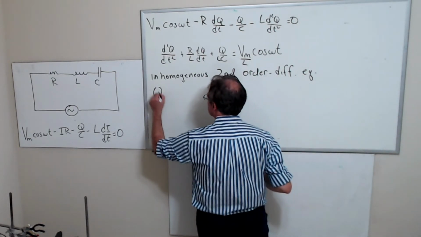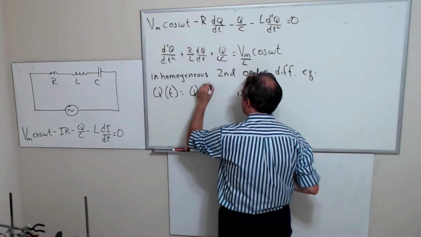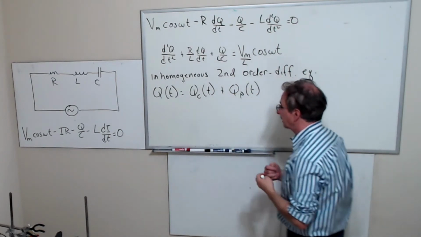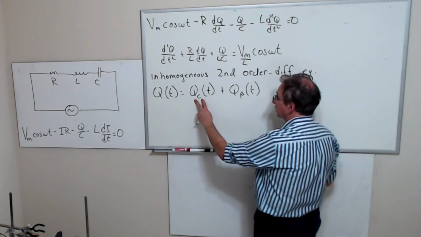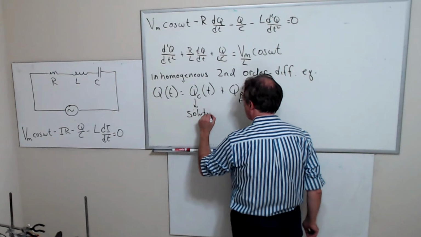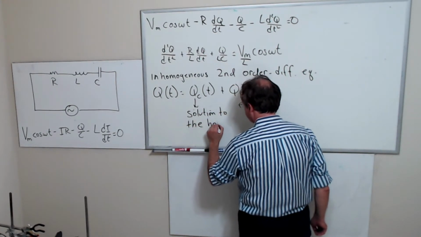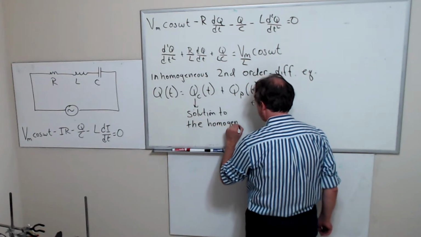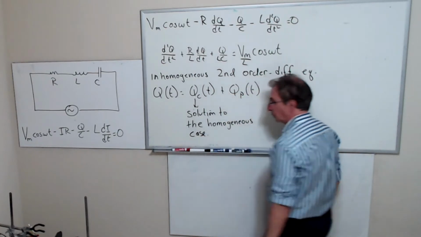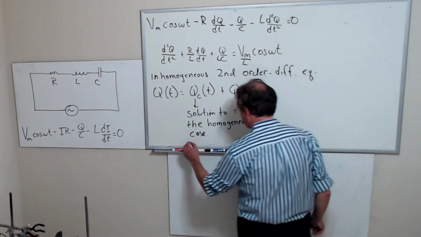So my total solution is written like this in terms of two terms. This is the complementary solution, so it's the solution to the homogeneous case. We did this problem about a week ago. This is the transient solution.